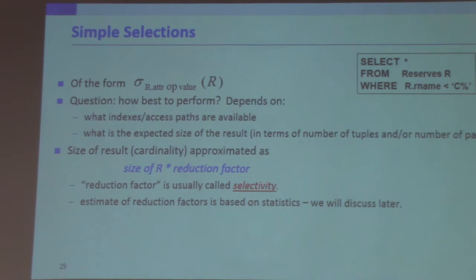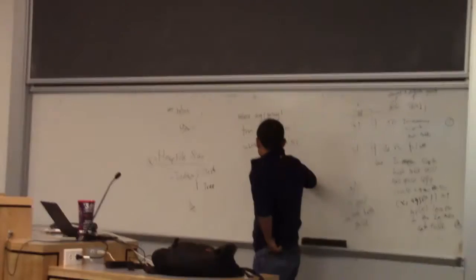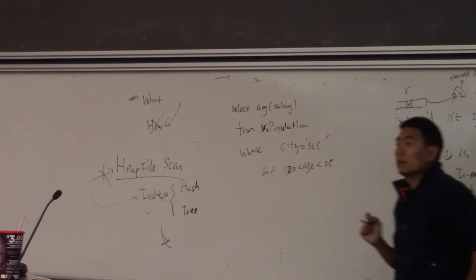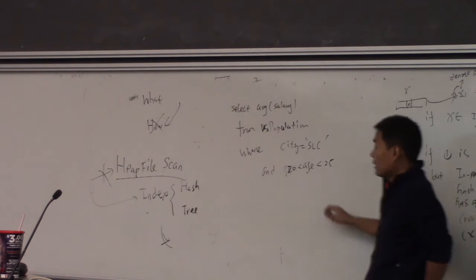Imagine I'm doing the following query. What I do is select average salary from the US population database table. Suppose there's a table like that, where city equals a given city and age is in some range.